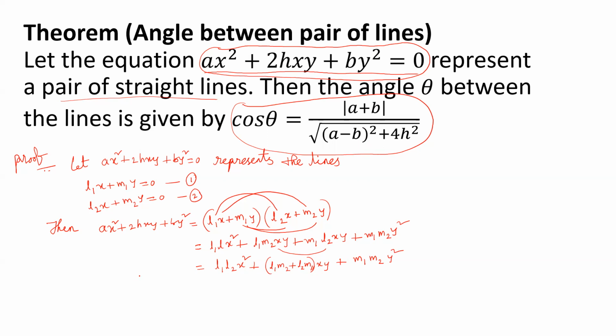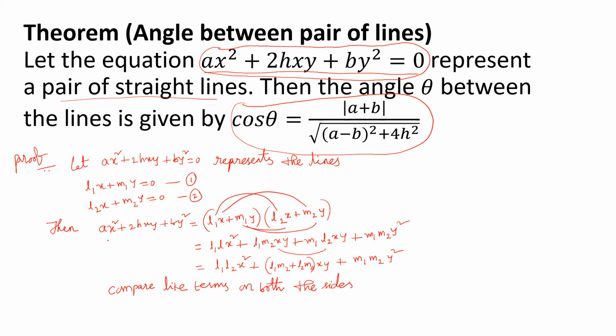Now compare like terms on both the sides. See, in LHS and RHS we have an x square term, xy term and y square term. We are comparing both.